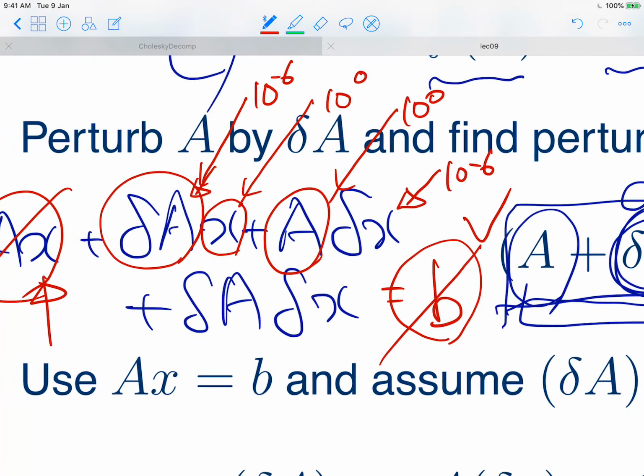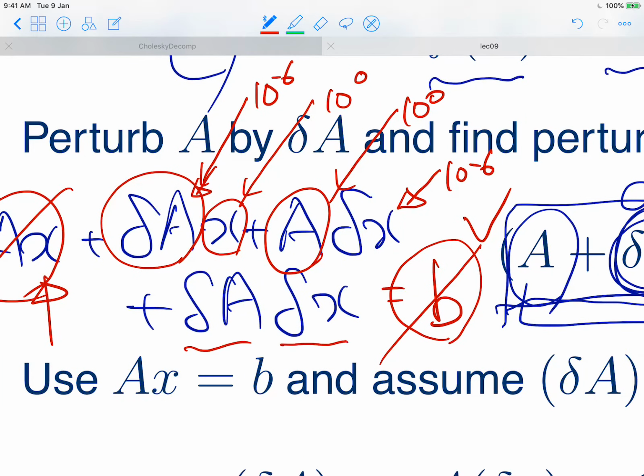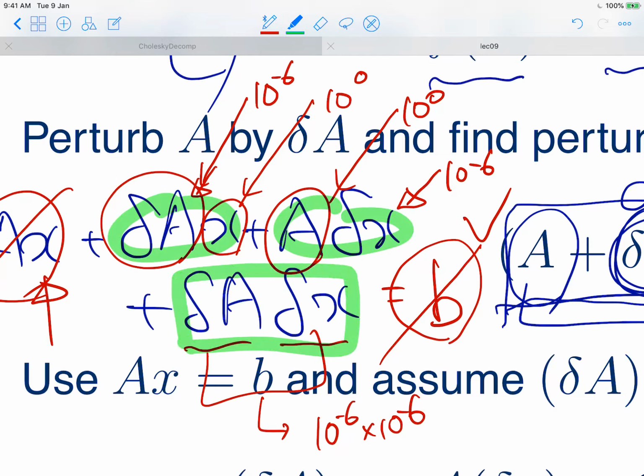But due to those scales, if we multiply these two delta parts of A and X, it will be 10 to the negative 6 times 10 to the negative 6. So compared to those two terms, this guy will have a much smaller scale after multiplying them together. And so we can just remove or ignore this part in this equation.